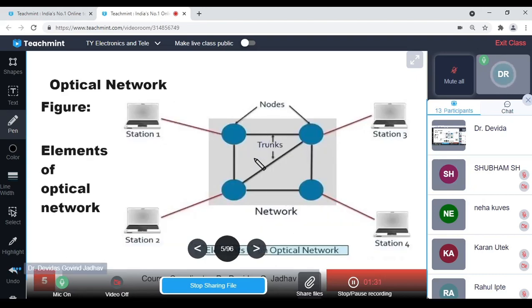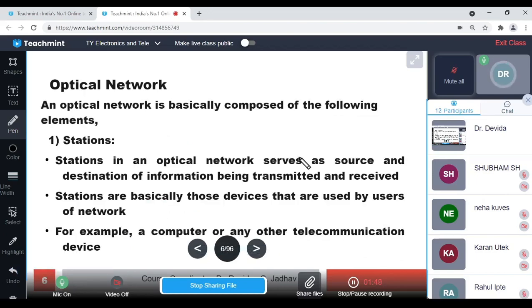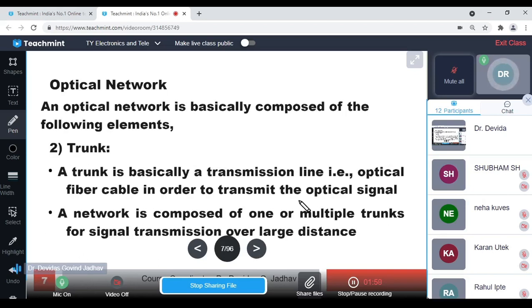And there are nodes, trunks, stations, topology and protocols as the components of the optical networks, and these stations can communicate through the nodes, through the trunks of the network. Stations are the network elements which serve as a source and destination, and these are devices, for example a computer in telecommunication.